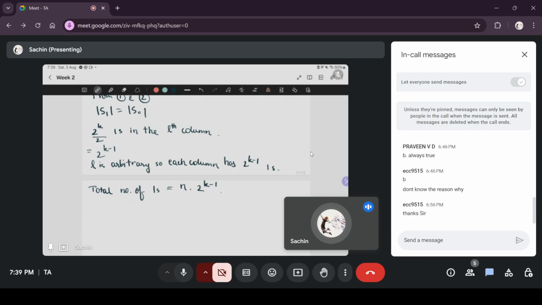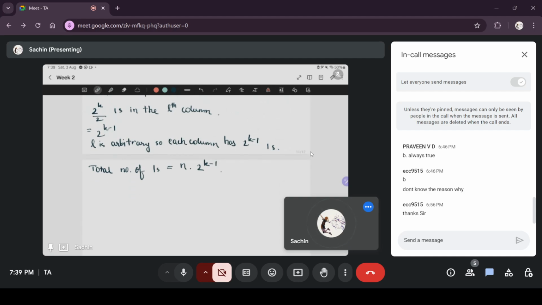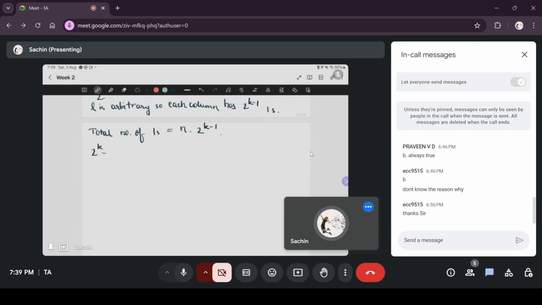Now remove the 0 vector from the code book. You are left with 2 power k minus 1 non-zero code words, and each of their weights is greater than or equal to the minimum distance. Why?